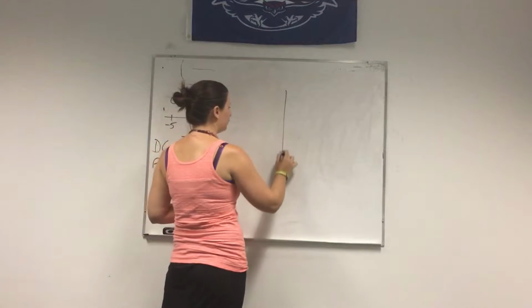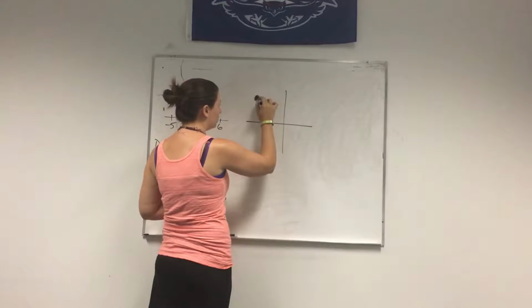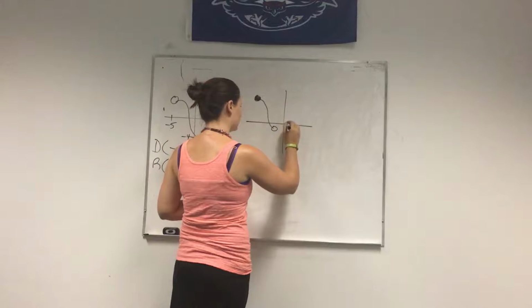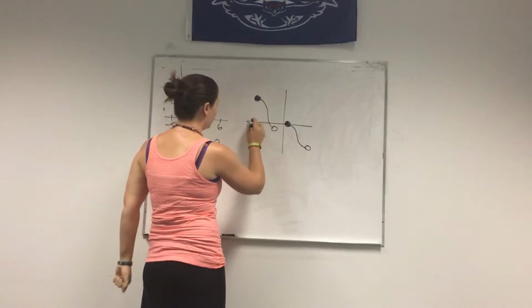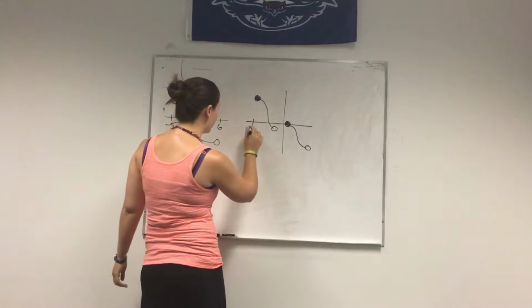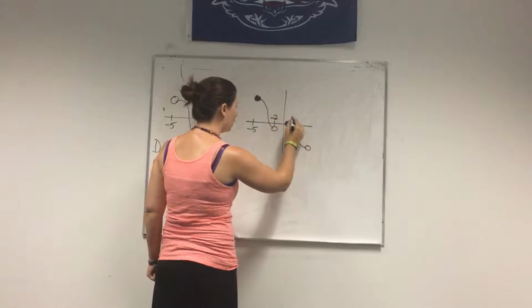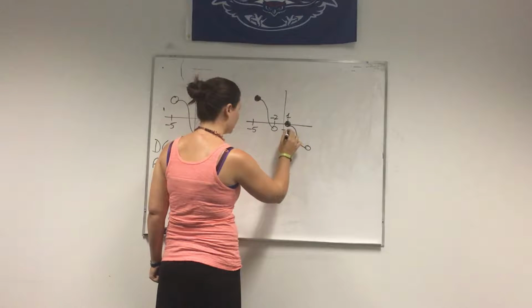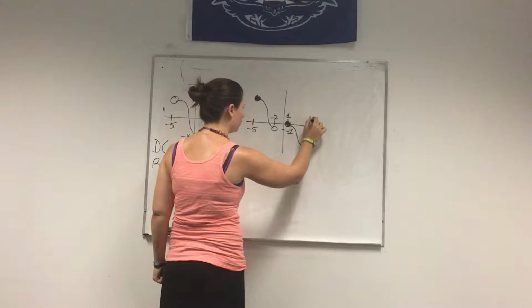Now, what happens if we have two different pieces? Say we had something like this. I'll give it some values real quick: -5, -2, 1, -1, and 4.